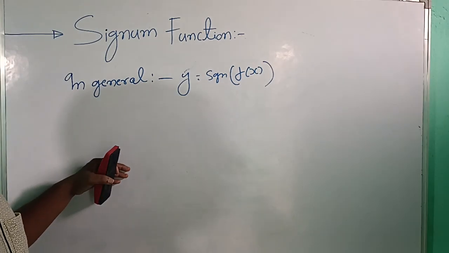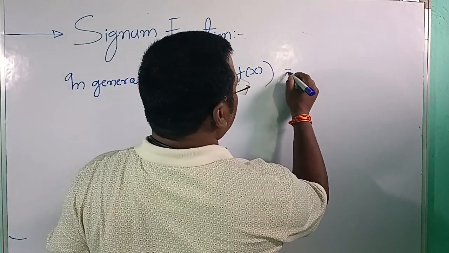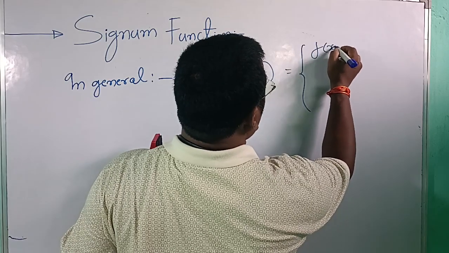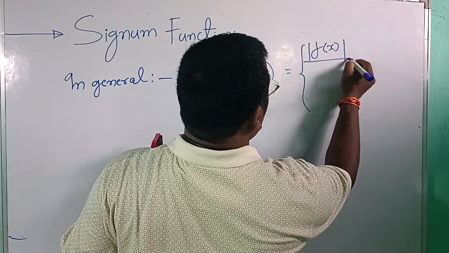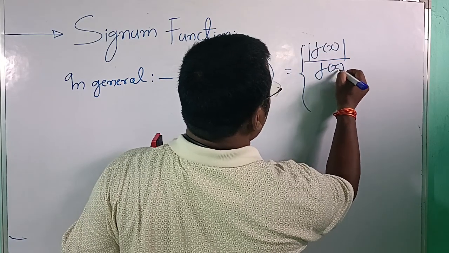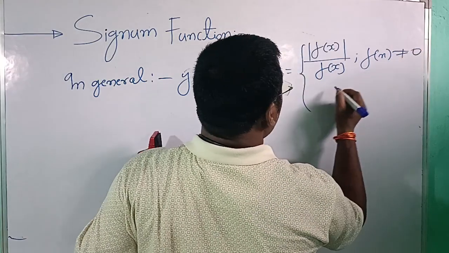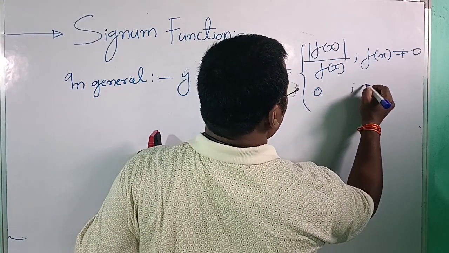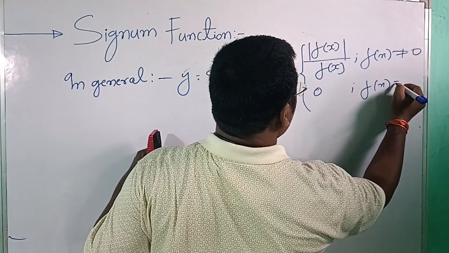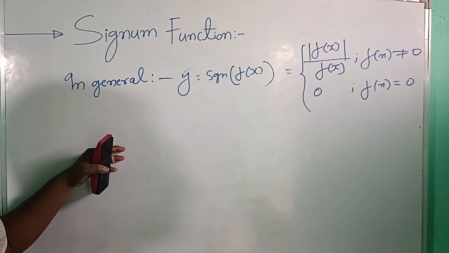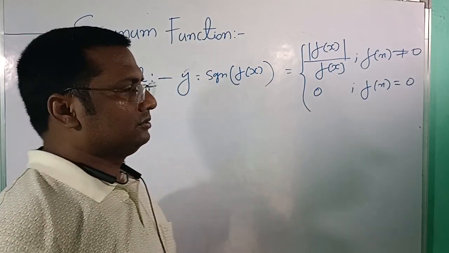In general, sgn f(x) will be f(x) upon |f(x)| if f(x) is not equal to 0, and this is 0 if f(x) equal to 0. Okay.